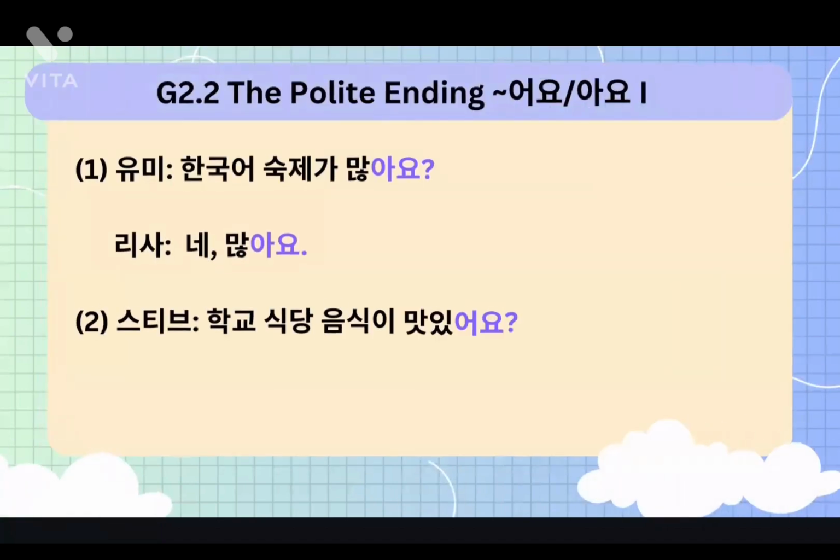All right. Then this is our last grammar point for today. The second grammar point is the polite ending 어요 or 아요. 자, in the Korean language, we don't speak in dictionary form, which ends in 다, in conversation. So the polite ending is mostly used in our conversation and also when talking with someone in Korea. 자, 그럼 look at this part.